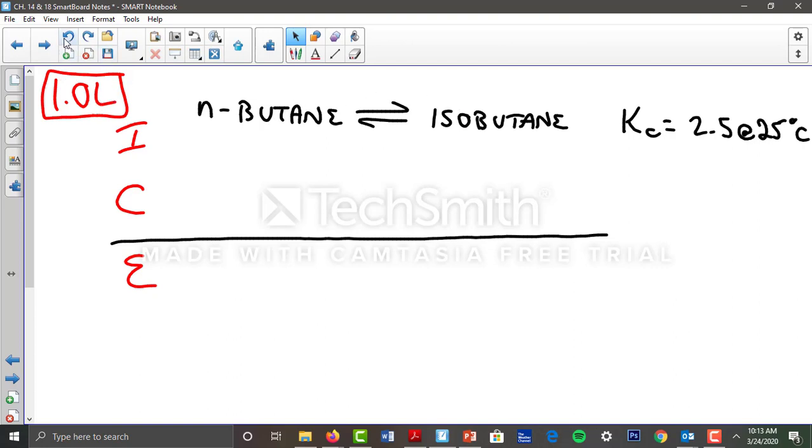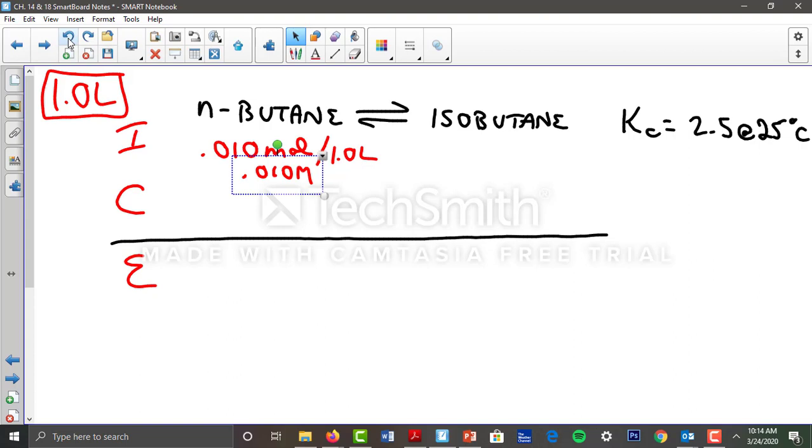So if you had a 1 liter container and you had 0.010 moles of N-butane, and you had to figure out what would be the pressure at the end, for example. Well, remember, in equilibrium expressions, it's got to be in molarity. So the first thing you have to do is divide the 0.010 by 1 liter, which is just 0.010 molar.